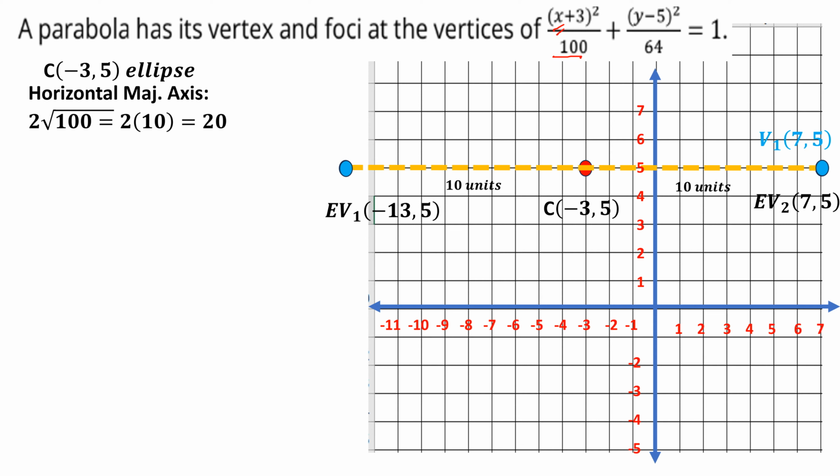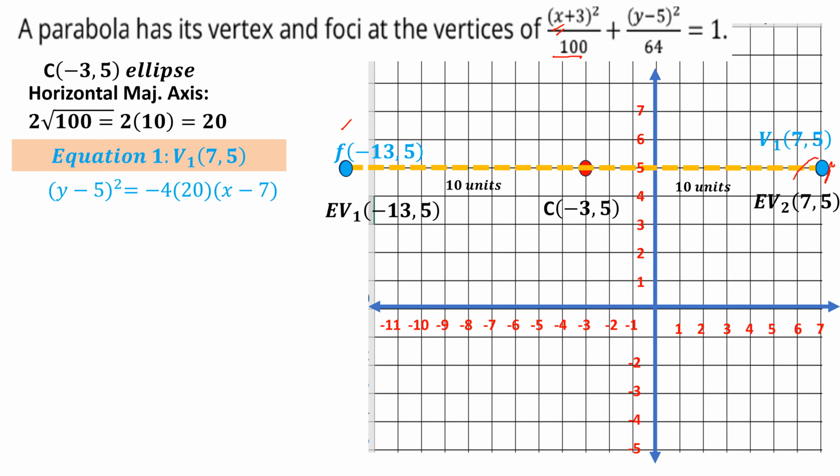a parabola has its vertex and foci at the vertices. So this time, we are going to have the equation 1 of the parabola, taken from the vertex 7, 5. Because a parabola has its vertex and foci at the vertices, if this will be our vertex, this will be our foci.